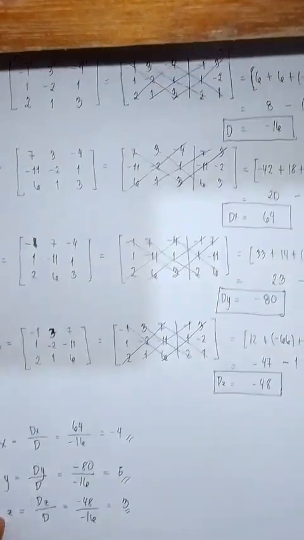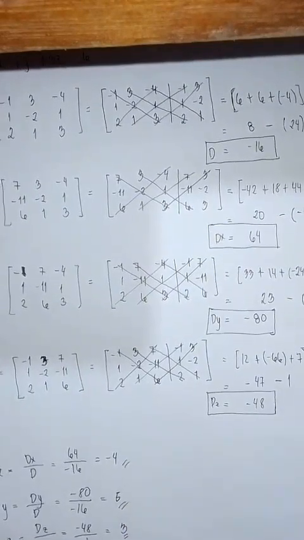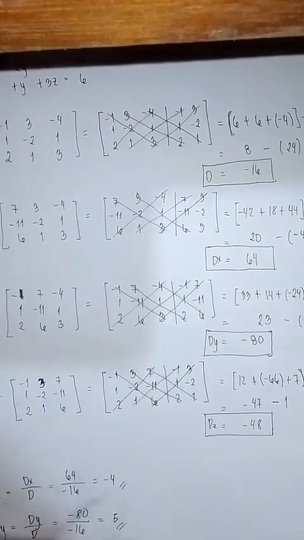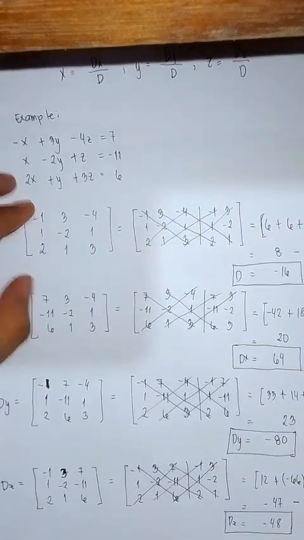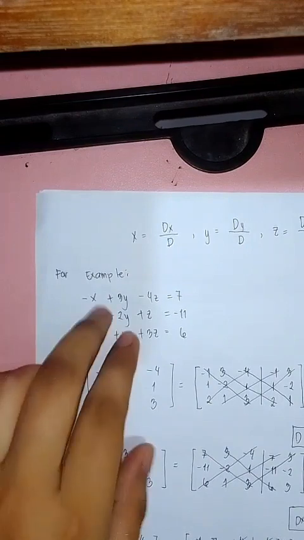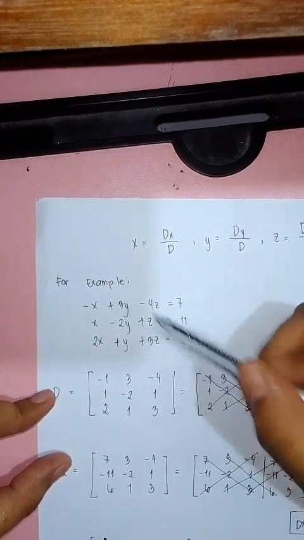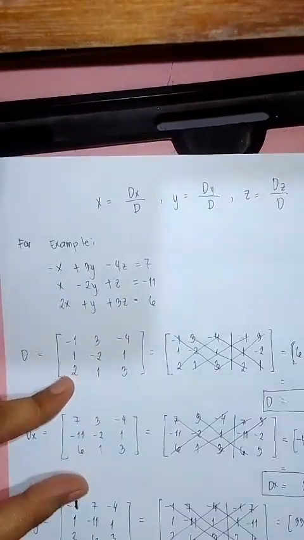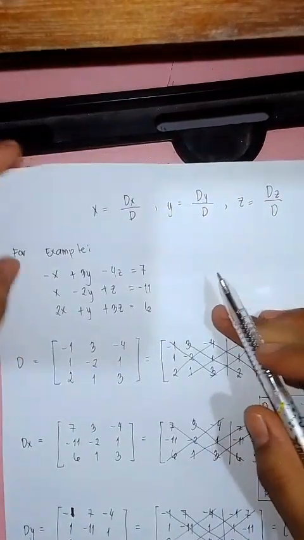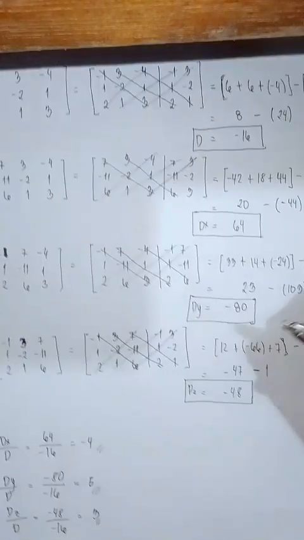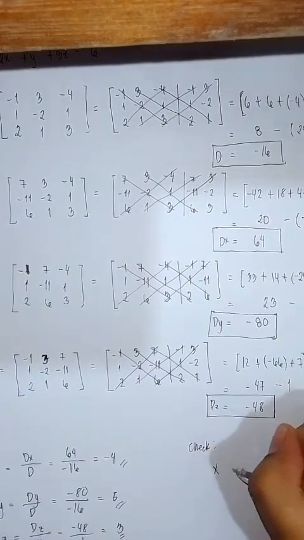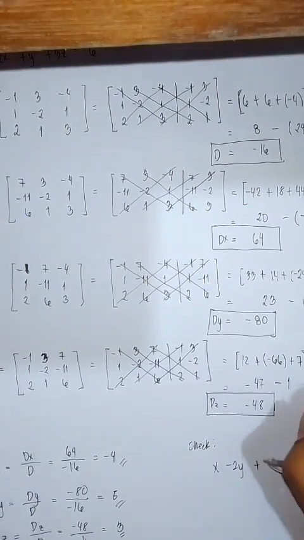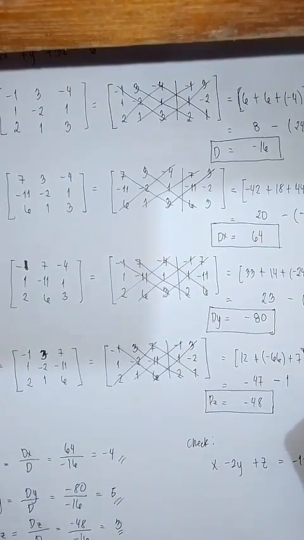So let us check if these are the correct values by substituting them into the equations. Just one, we can use any of these equations. So let's try equation number 2. Equation number 2 is x minus 2y plus z is equal to negative 11.